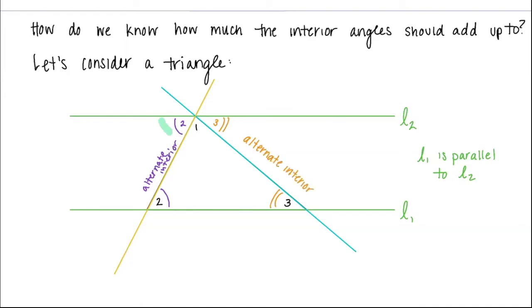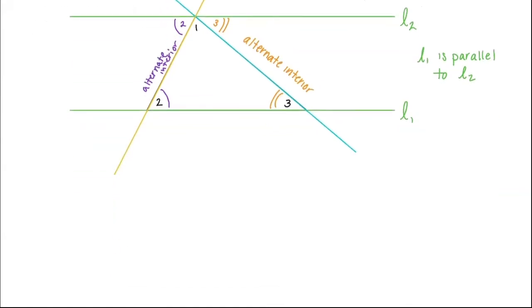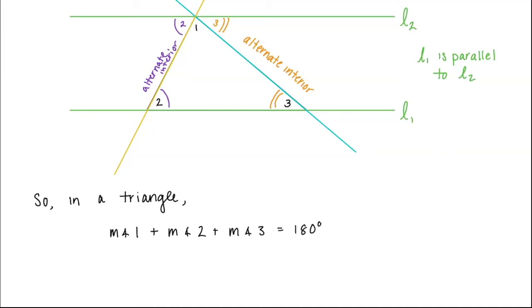So these 3 angles actually form a straight line. So in a triangle, the measure of angle 1 plus the measure of angle 2 plus the measure of angle 3 is going to be 180 degrees. Okay.